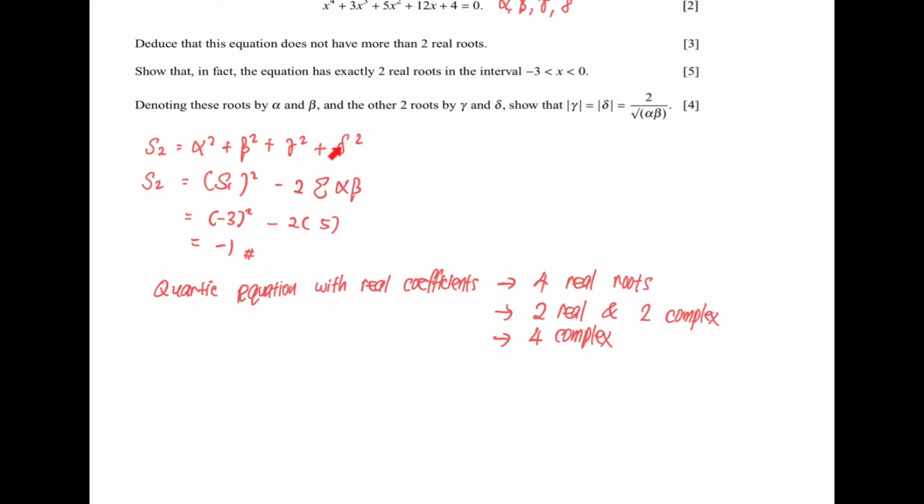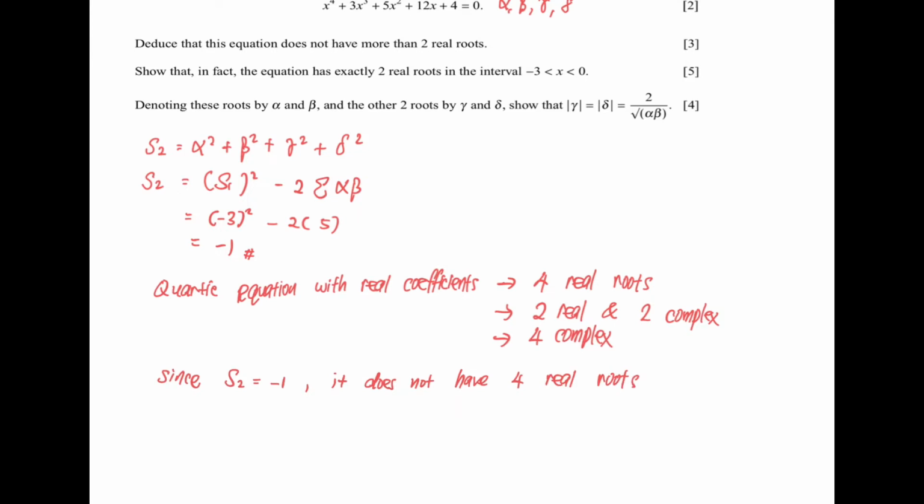And when you add up the positive numbers, it should end up with a positive sum, which is not possible because our S2 is -1. So we just claim that since S2 equals -1, it does not have 4 real roots.